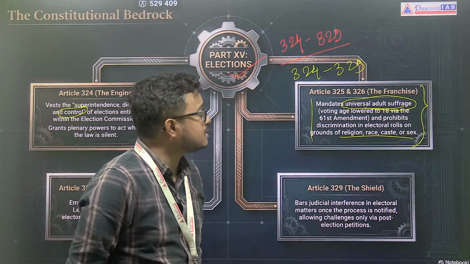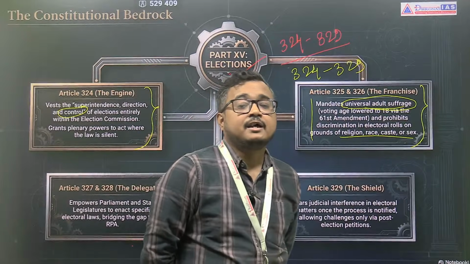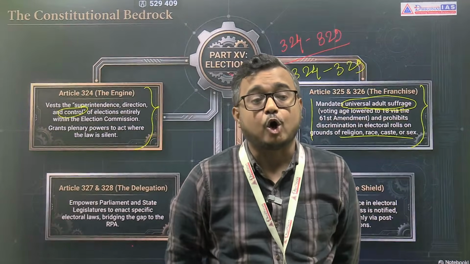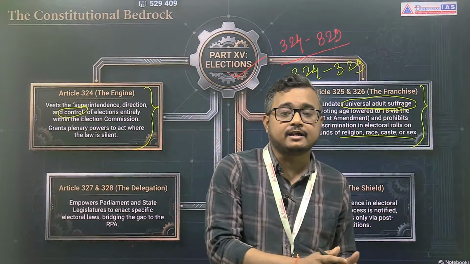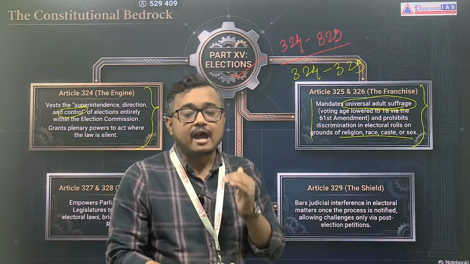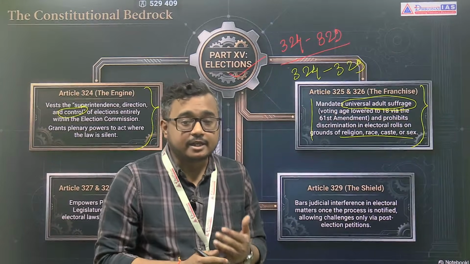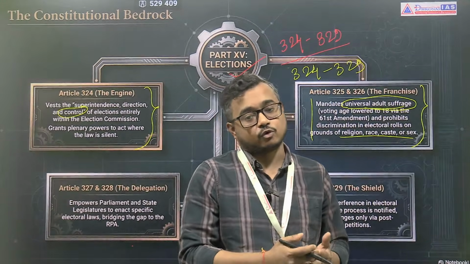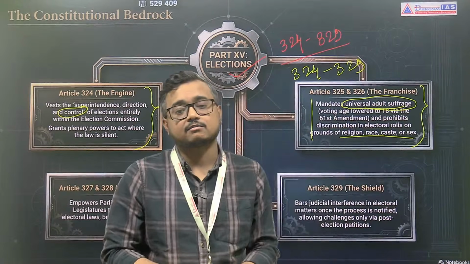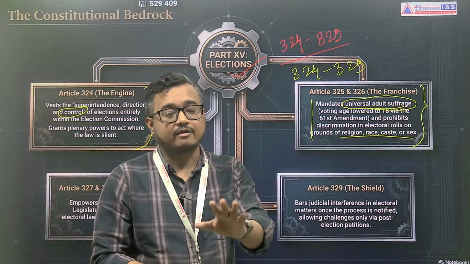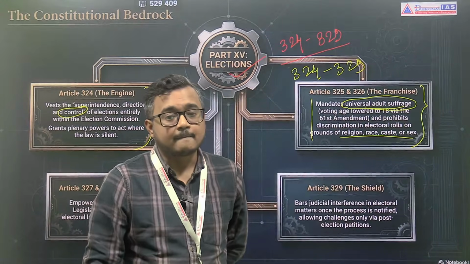India follows universal adult suffrage. If you are an Indian citizen ordinarily residing in India and above 18 years, you can be enrolled as a voter. That is the only qualification you need to be registered as a voter.